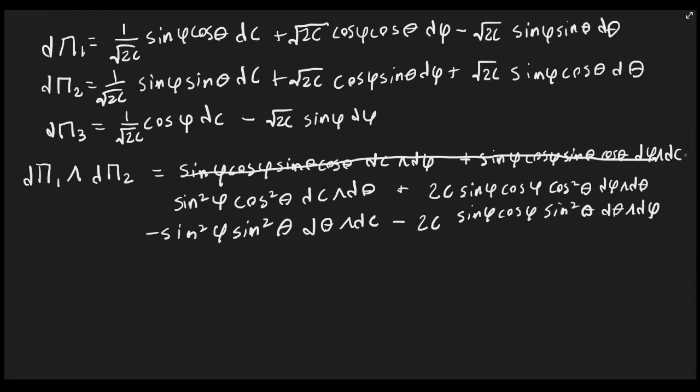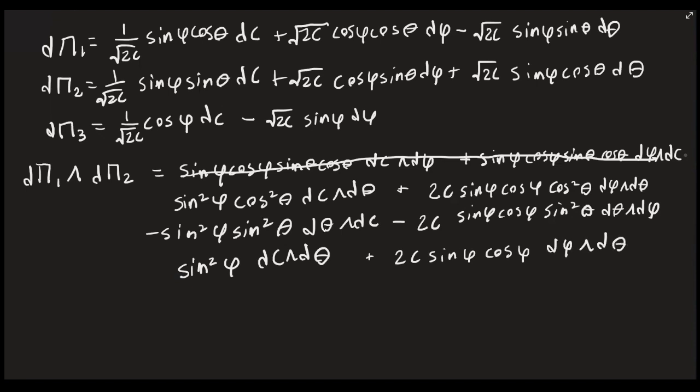Now, if you swap these two and combine terms, you'll get sine squared phi c wedge d theta. And then if you swap these two right here and then combine terms, you'll get plus 2c sine phi d wedge d theta. Okay, cool.